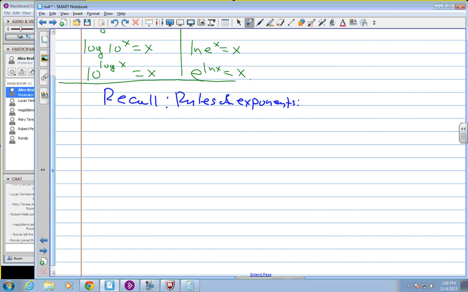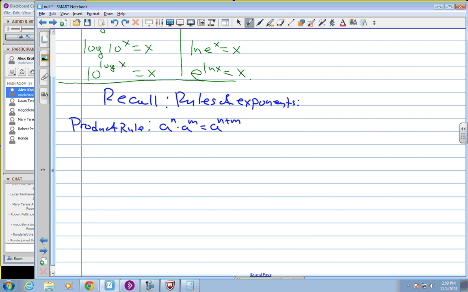So for the exponents, we have the product rule that says a to the power n times a to the power m is a to the power n plus m. That tells you when you multiply expressions with the same base, you add exponents.